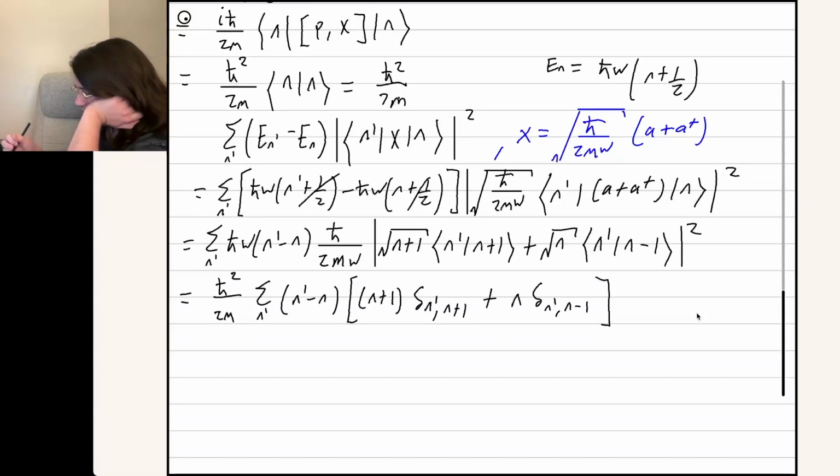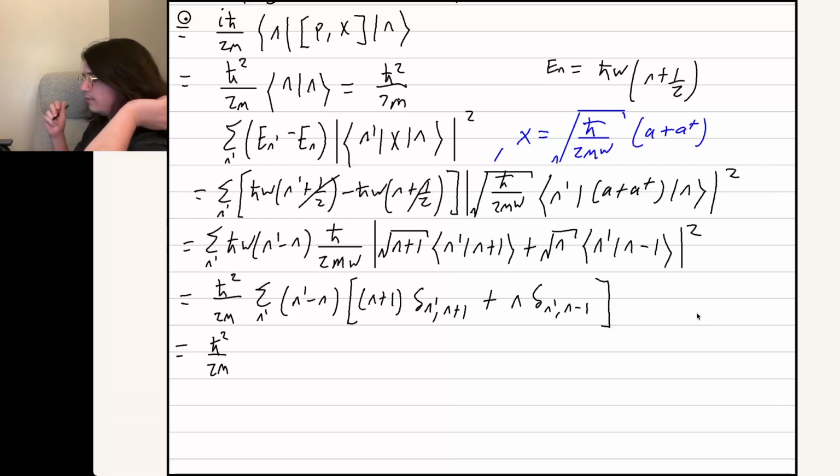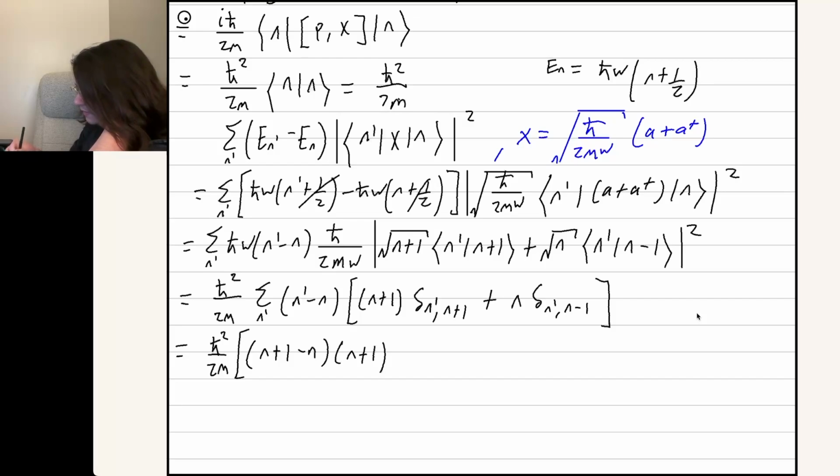We'll let the Kronecker deltas kill off any of the terms which depend on n prime. So we'll have a couple of terms: one where it's n plus 1 minus n times n plus 1, and another term which is n minus 1 minus n times n.